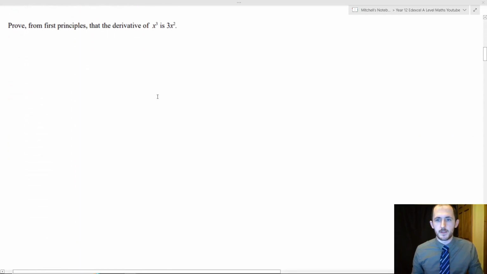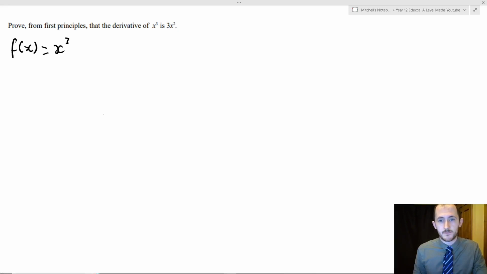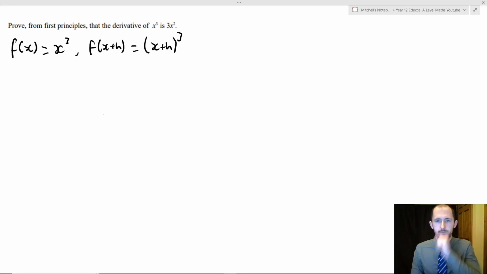Perfect. So, proof from first principles that the derivative of x cubed is 3x squared. So again, let's define what our function is. We're trying to differentiate x cubed. So f of x plus h, again all we do is we replace x with x plus h, so we have x plus h cubed. Then our derivative is the limit.